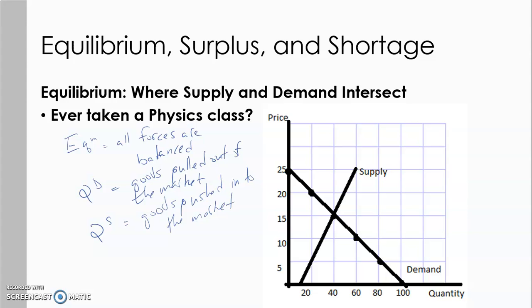If we're at too high a price, too many goods are pushed in. If we're at too low a price, too many goods are pulled out. And if we're at this Goldilocks price, this just right price, the forces, quantity demanded and quantity supplied, are balanced. They're equal to each other, and we end up with a zero net change in the amount of goods left in the market.